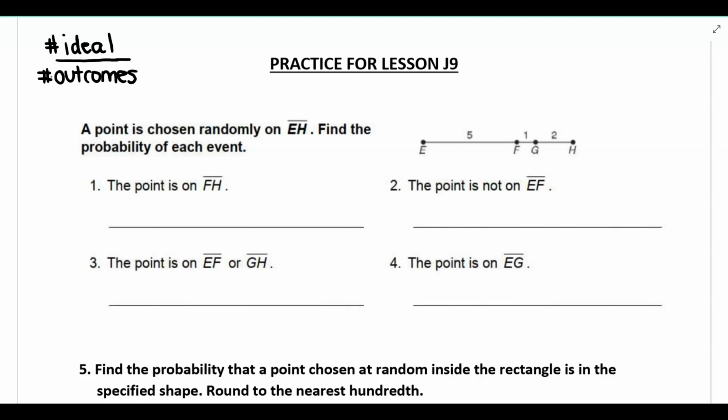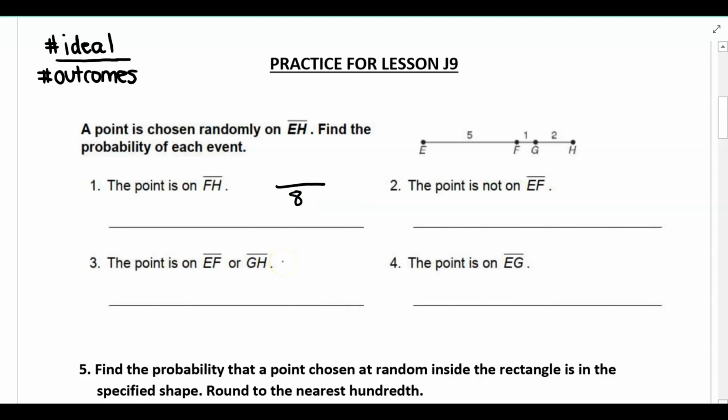So what is the probability that the point is on FH? Well, first of all, the total number of outcomes. Let's start there. If I'm looking at this entire number line, if a point is chosen at random anywhere between E and H, that means, let's say this is all measured in inches, there's 5, 6, 7, 8 total inches that we could possibly land on, okay?